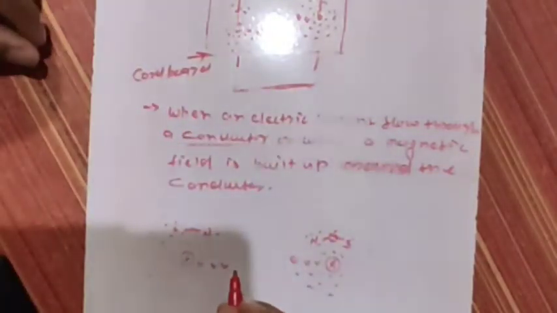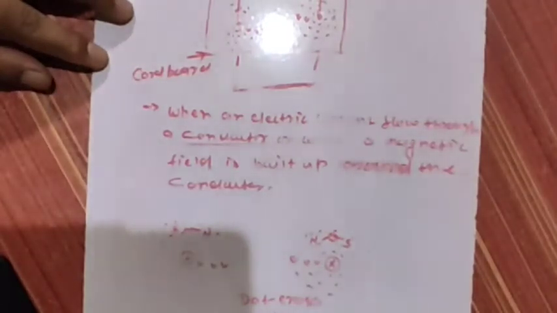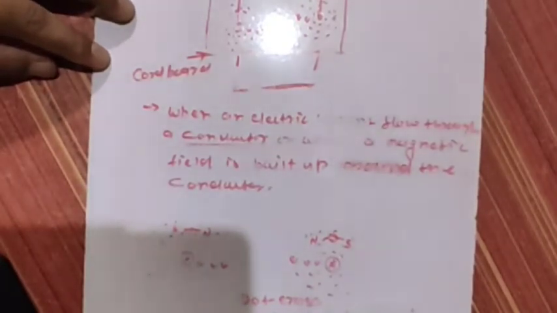This phenomenon is called the dot cross method of indicating flux direction.